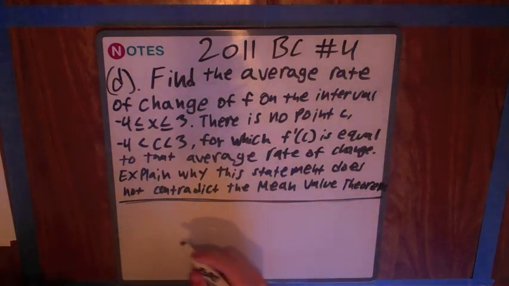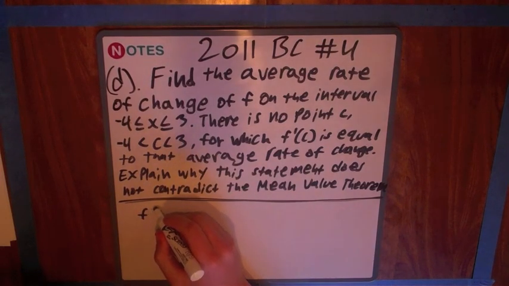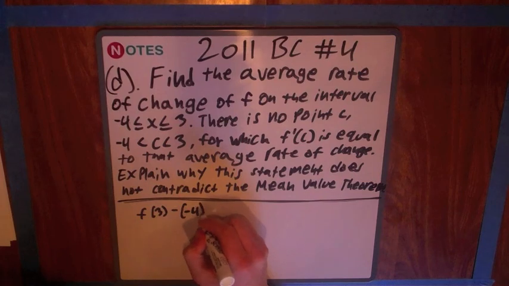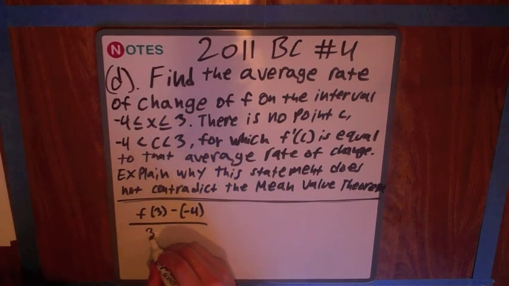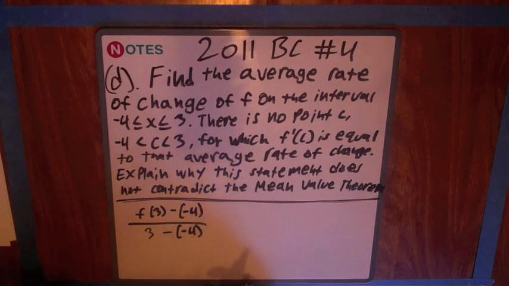So doing that first, we're going to have f of 3 minus f at negative 4 all over 3 minus negative 4.